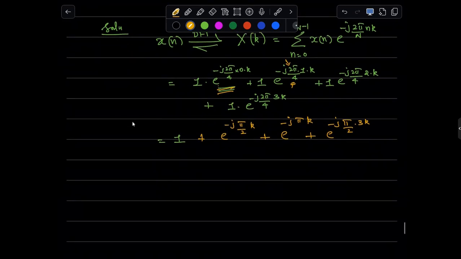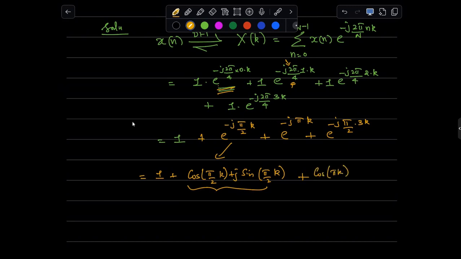Now I can do this calculation by expanding. 1 plus, this is nothing but cosine pi over 2 k plus j sine pi over 2 k, right? This is the first one. Then the next one is cosine pi k minus j, again it should be minus here, sorry, so it should be minus j sine pi k.